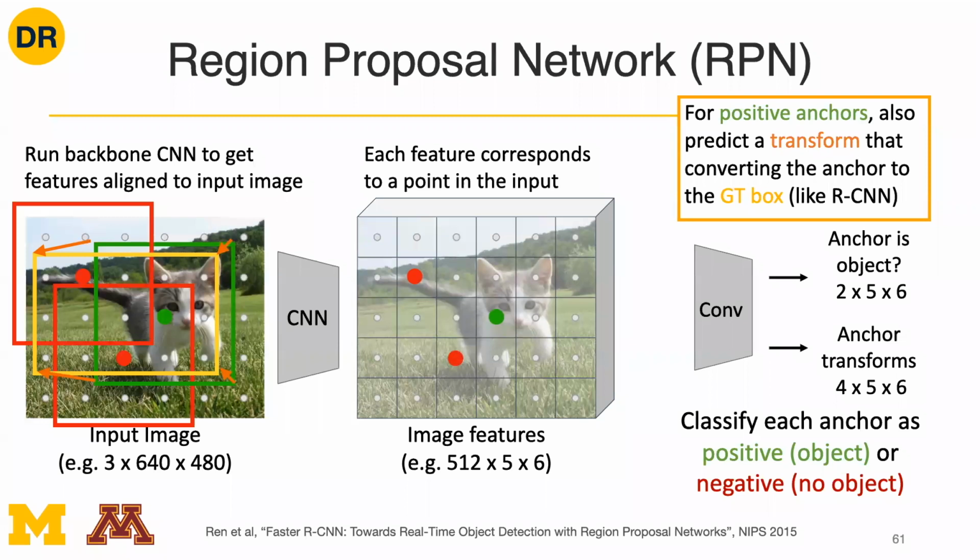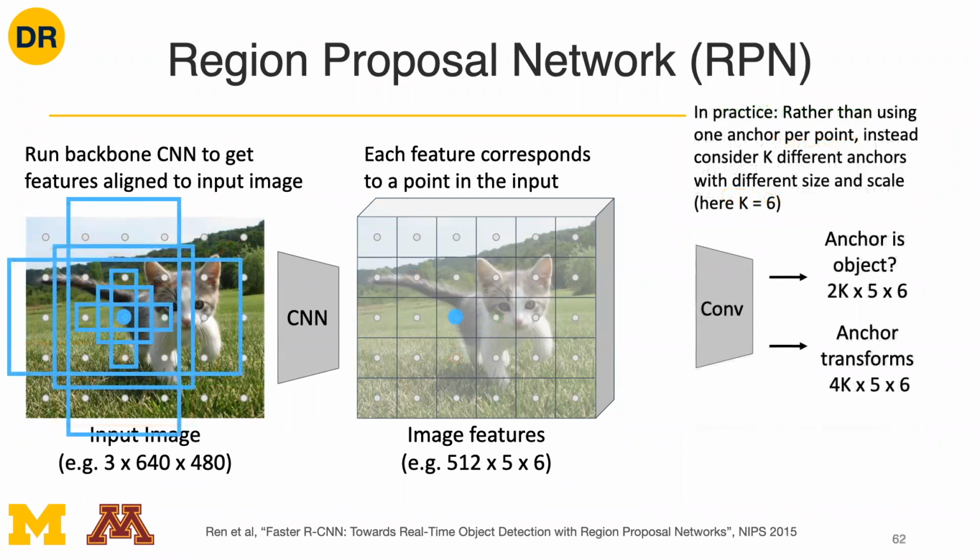Like I was saying earlier, it need not be one fixed anchor box. You can have many anchor boxes of different sizes, different aspect ratios. So for instance, you can decide what K is. That says for every feature map grid, it corresponds to a bunch of varying regions or anchor boxes. And together, I'm going to classify whether that region has an object or not, whether it's a valid proposal or not.